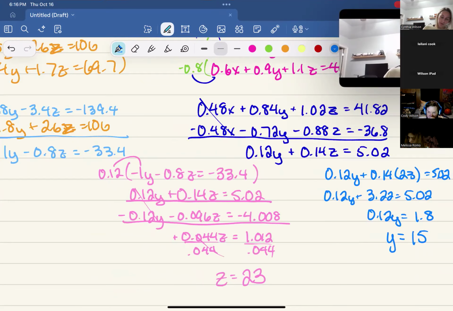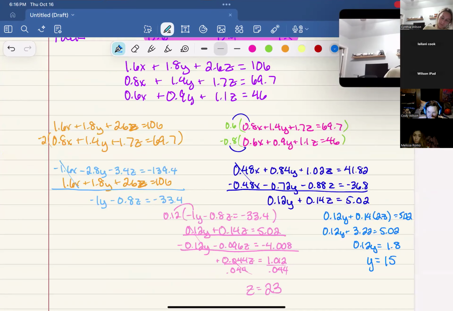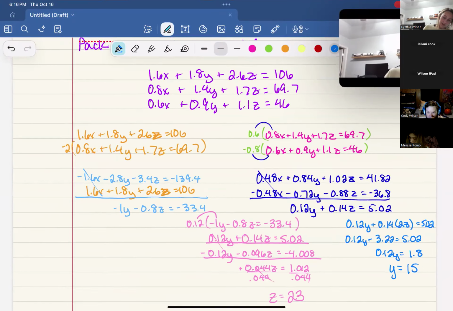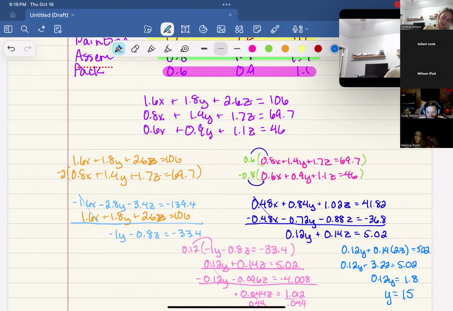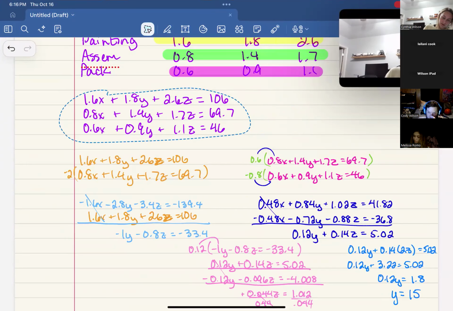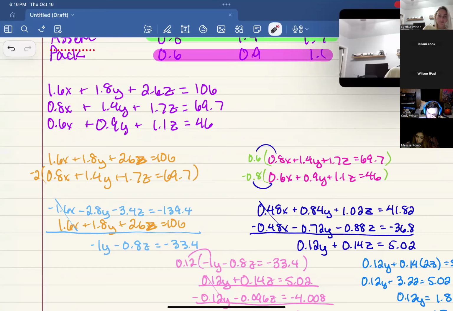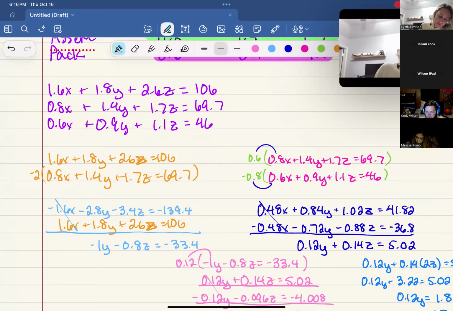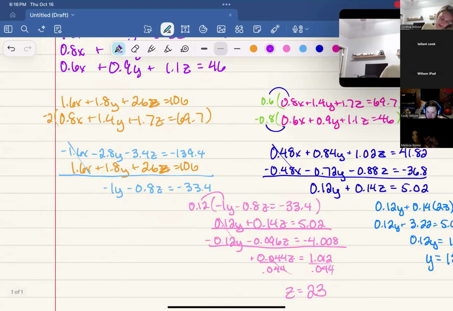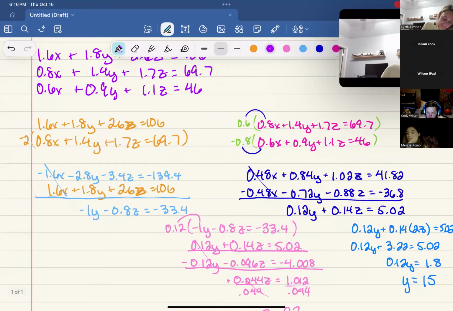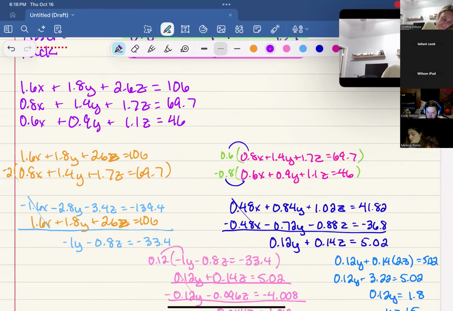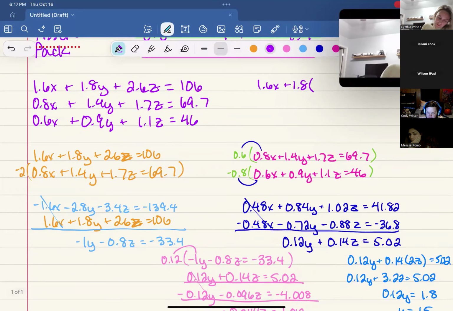And then we plug it into one of the original ones. So let's say I plug it into, I don't know, just this top one, I guess. It doesn't matter. Okay. And the y was 15.